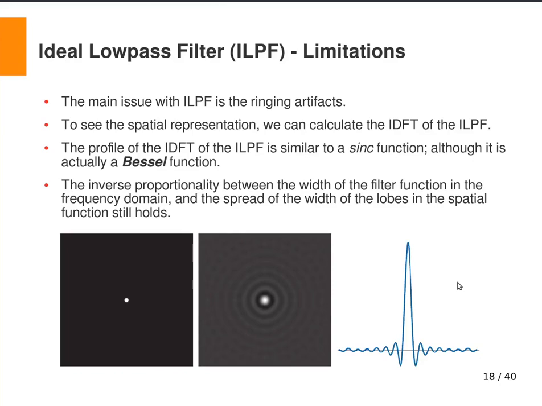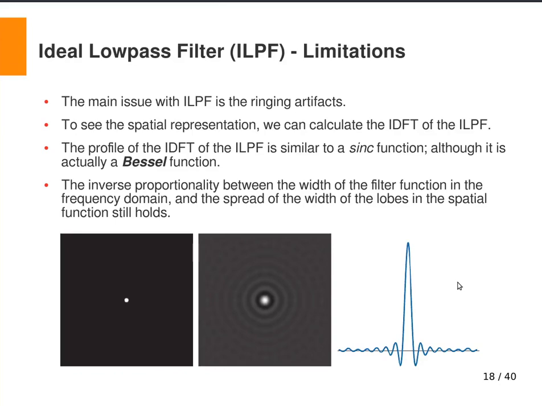One other thing that is known here is that we have an inverse proportionality between the width of the filter function in the frequency domain and the spread of the width of the lobes in the spatial domain. So basically what happens is that when we increase the value of d0, in effect we are decreasing the spread of the lobe of the spatial function in the spatial domain.